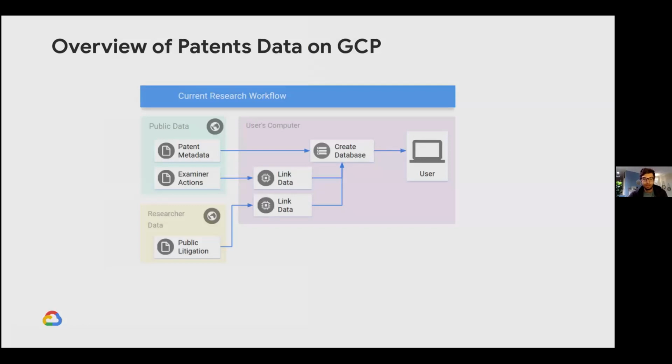So this was the traditional problem in research that we were trying to tackle. You have data coming from many different sources. You usually don't have just a single nice clean table. Usually you're trying to analyze multiple tables together. For instance, patent metadata, you've got examiner actions, and you've got some information on public litigations.